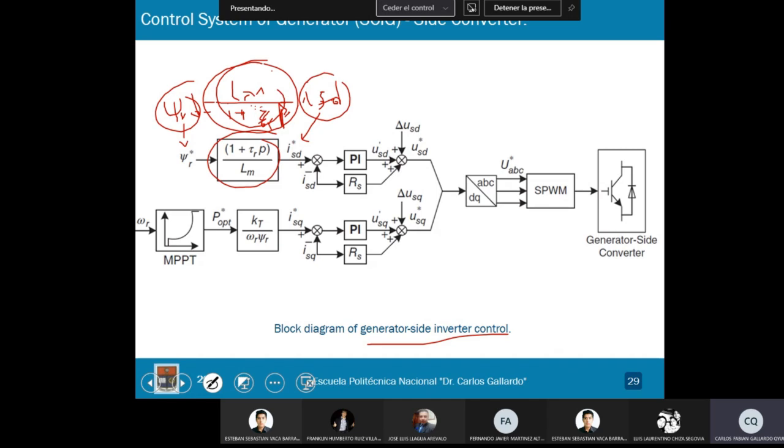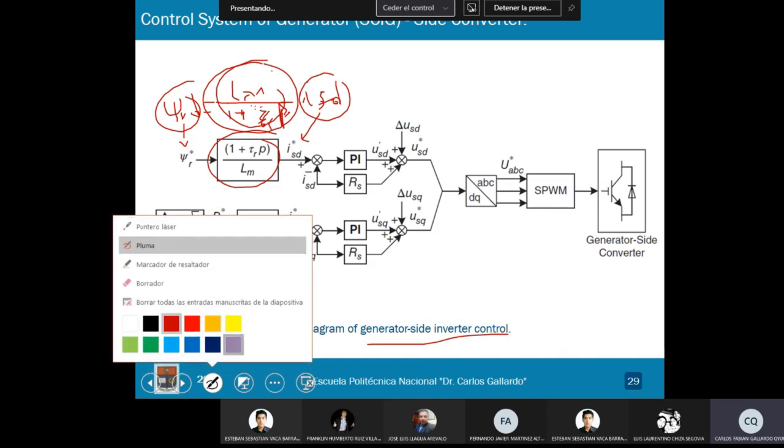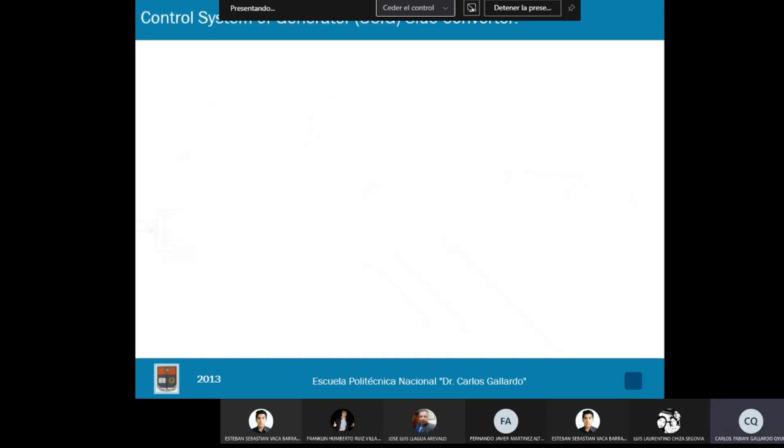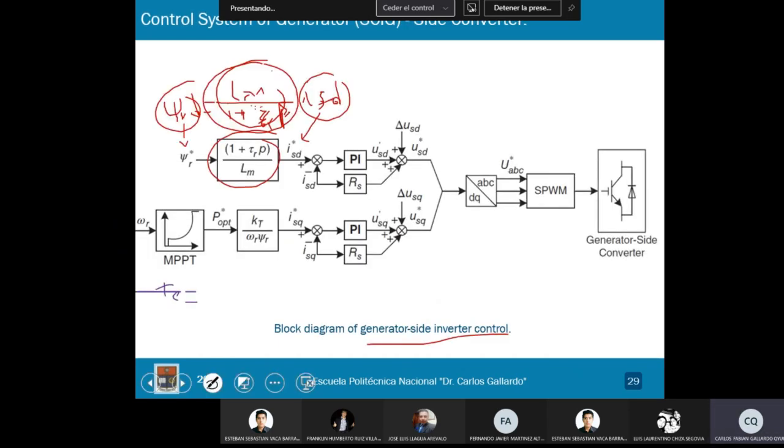On the other hand, I have the electromagnetic torque. From the previous equation it is equal to 3/2 times the number of poles times the magnetizing inductance over the rotor inductance times the rotor flux on the d-axis times the stator current on q axis.